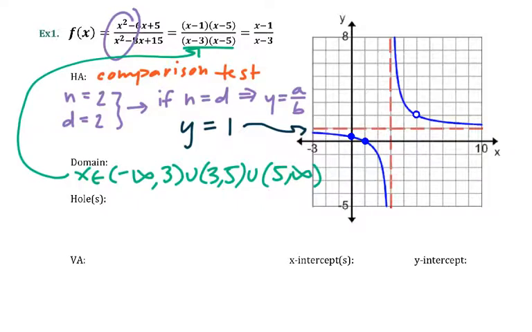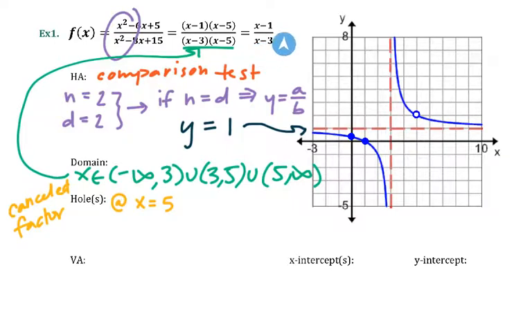Holes. If we think about the hole, that's going to come from the canceled factor. If you look up here, that x minus 5 factor is going to cancel. That means there's a hole at x equals positive 5. I can't plug 5 straight back into my original problem, because if I put 5 in here or right here, I'm going to get 0 in the denominator.